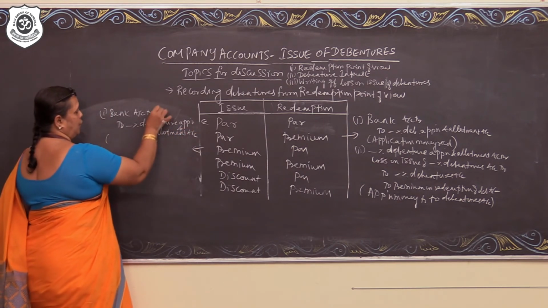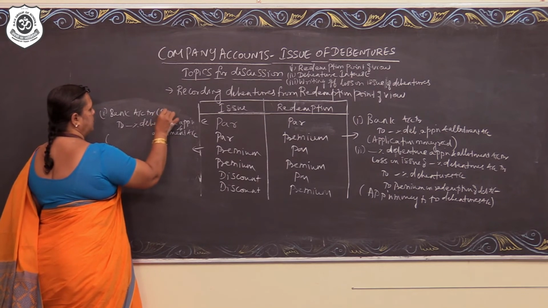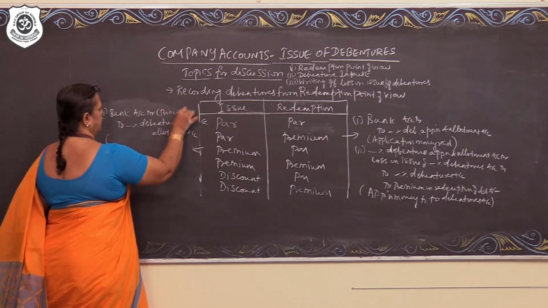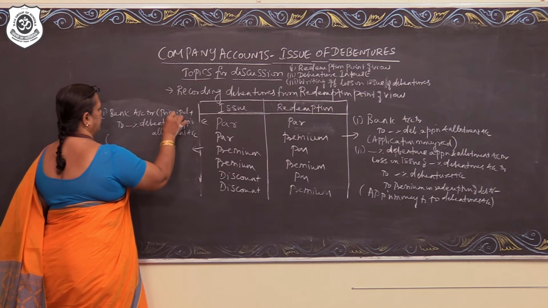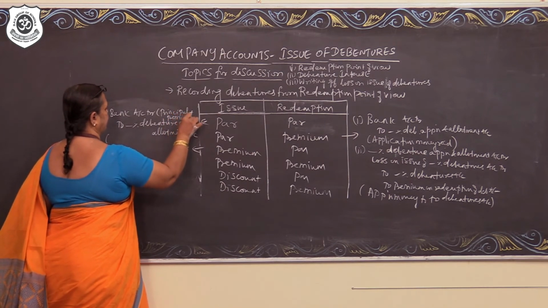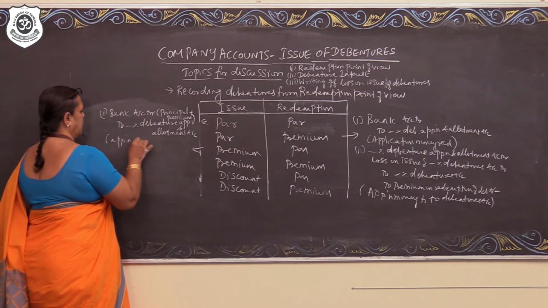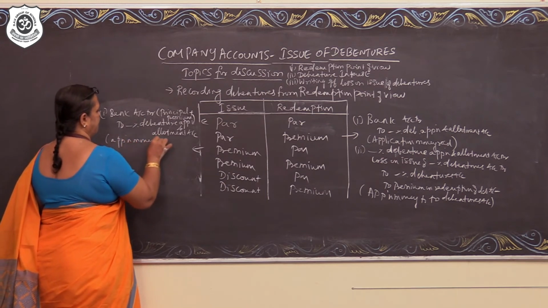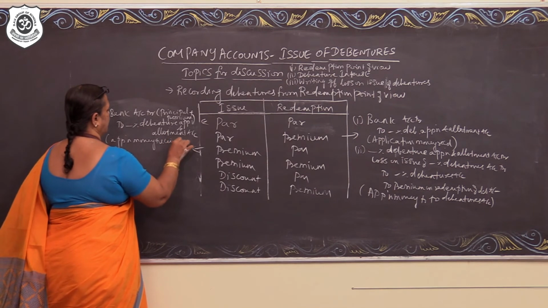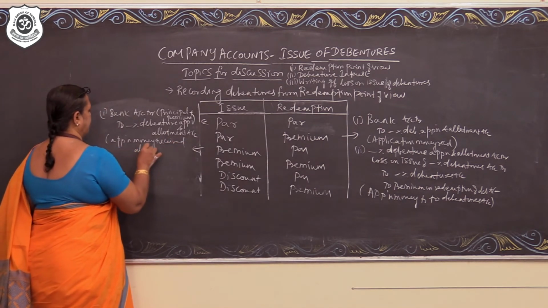Narration should be very careful, and here it will be principal plus premium. So, application money received along with premium.